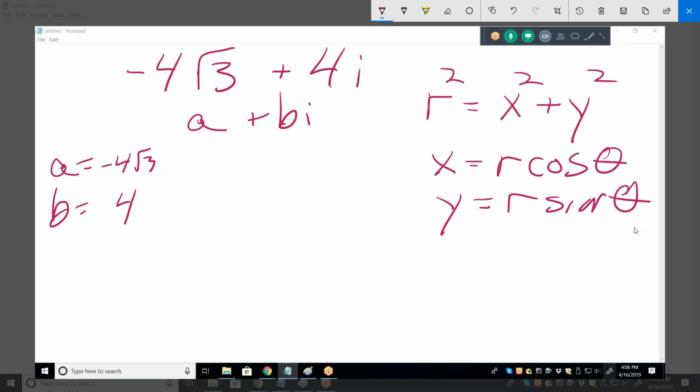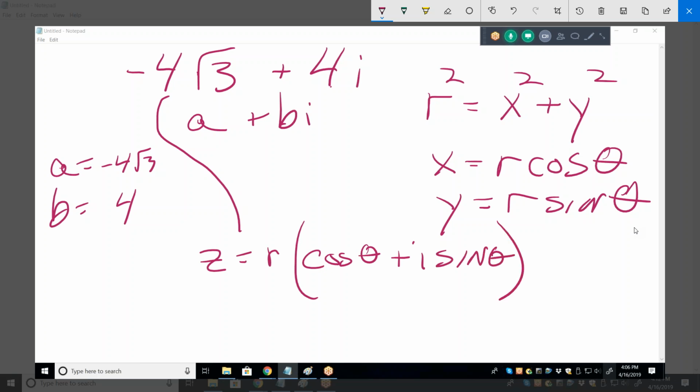What we've been doing is the other way around. In other words, we've been going from cis to complex, right? Yes, sir. Where the cis was some r times cosine of theta plus i sine theta.